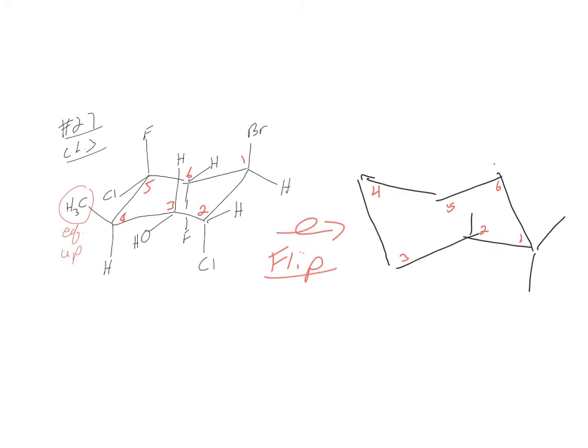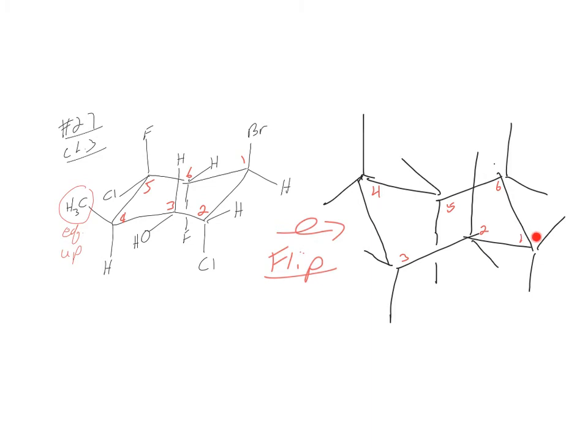This would have to have axial up, equatorial down, axial down, equatorial up, axial up, equatorial down, axial down, equatorial up, axial up, equatorial down. So that's just filling in all the positions, axial and equatorial. But we always remember, if you're up, at the end of the day, you're always going to be up. But if you were equatorial, after a ring flip, you're going to become axial.